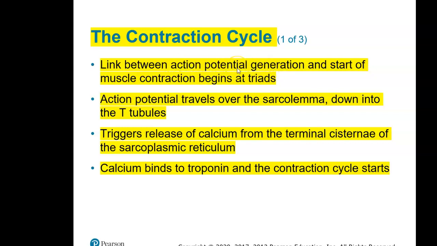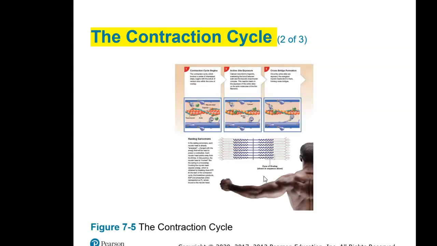And after the action potential, that will stimulate those steps of the muscle contraction, which involve calcium binding to troponin and then tropomyosin repositioning and moving off of the active sites so that myosin can bind to actin. So the action potential travels over the sarcolemma, down the T-tubules, and this causes the release of calcium from the terminal cisternae. Calcium binds to troponin, and the contraction cycle starts.